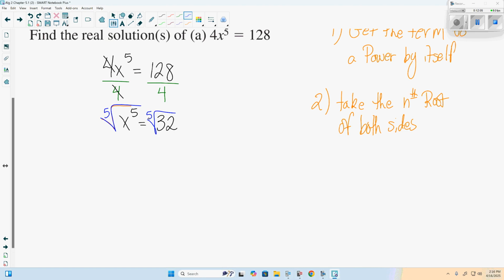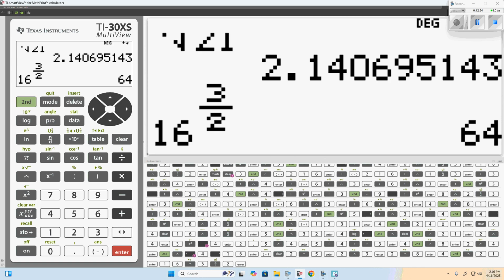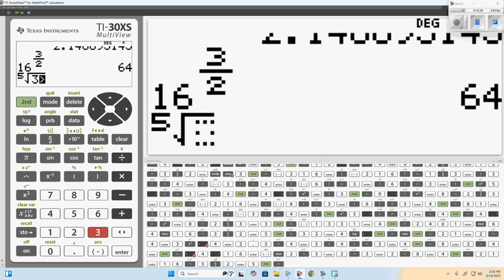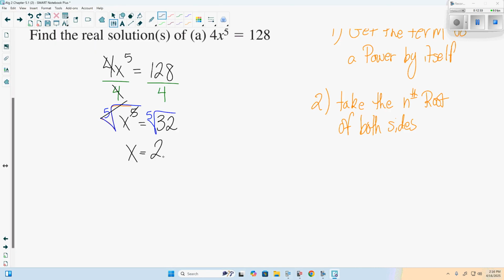We take the 5th root, because the 5th root and 5th power with x would simplify to x. Now the question is, did we take an even root or an odd root? Odd. So there's one real root. With these, we can grab the calculator and see the 5th root of 32 is 2. So x is equal to 2.